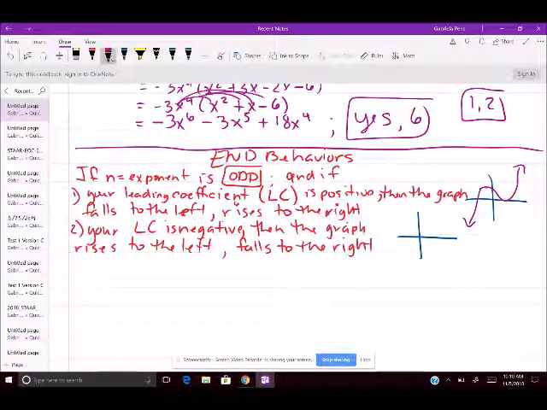So the graph of this one would be it rises to the left, but then it falls to the right. So your graph would look like this.